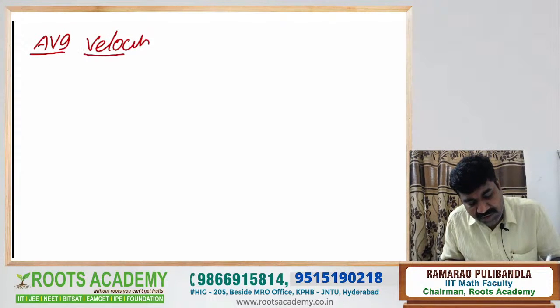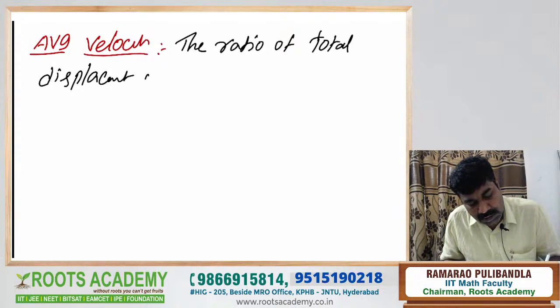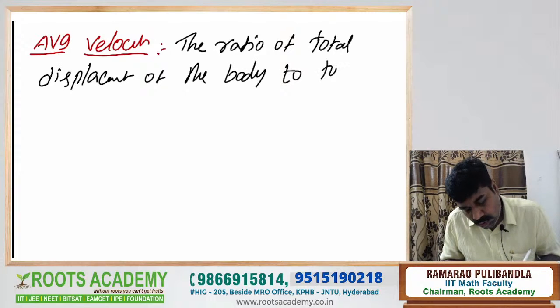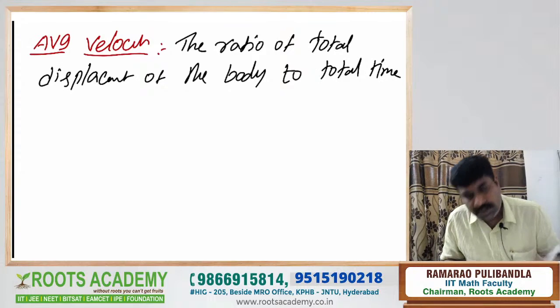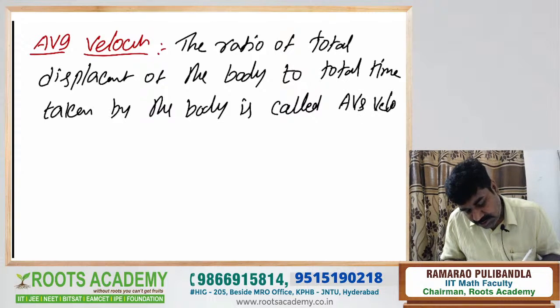Average velocity: that is the ratio of total displacement of the body to the total time taken by the body is called average velocity.